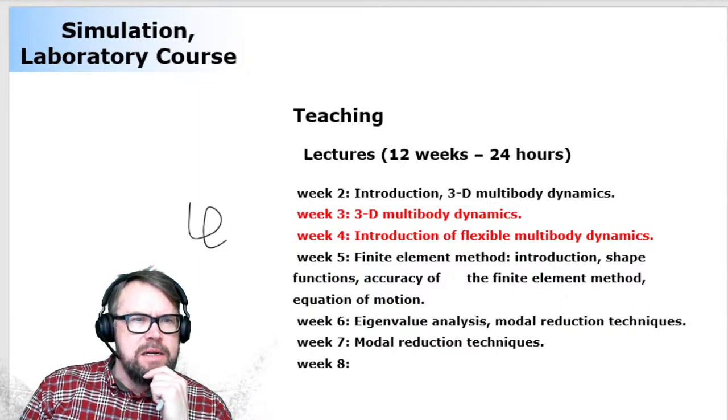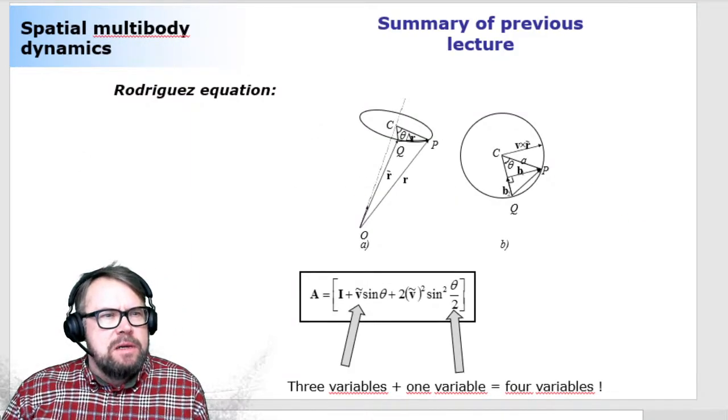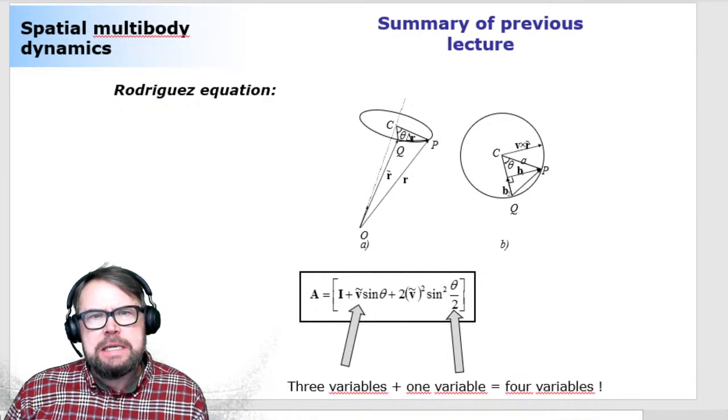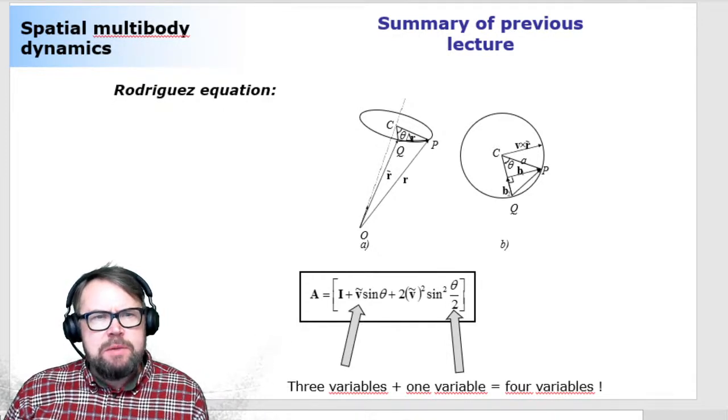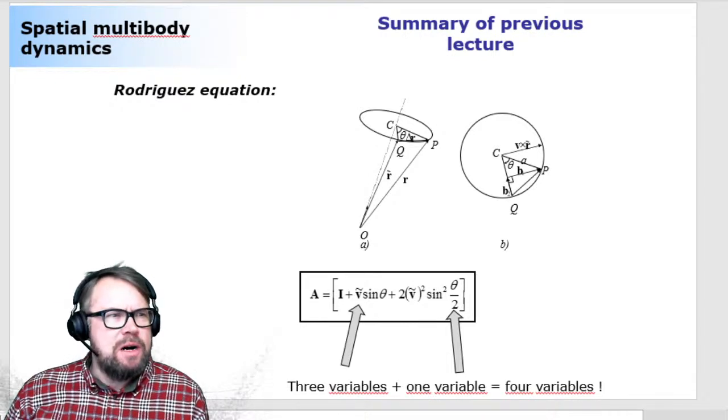Now, with that, let's first summarize what we discussed last week, and I'm going to move this a little bit left, so if there are any comments, I can see your comments. All right, so last week we discussed the Rodrigues equation, and the Rodrigues equation is, put in short, like the mother of all the methods that are using four parameters.